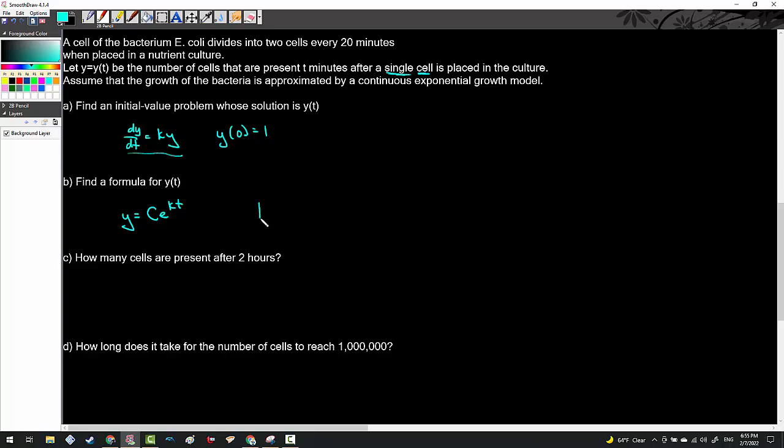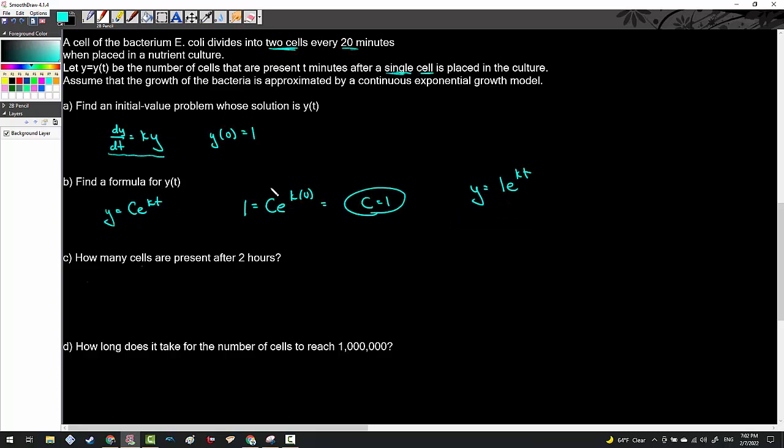So I can say that 1 is equal to ce to the k times 0, and anything to the 0 is going to be 1, so I know that 1 is equal to c. So my formula is going to be y equals 1e to the kt. That is going to be my formula to find out how much bacteria is going to be there at any given time.